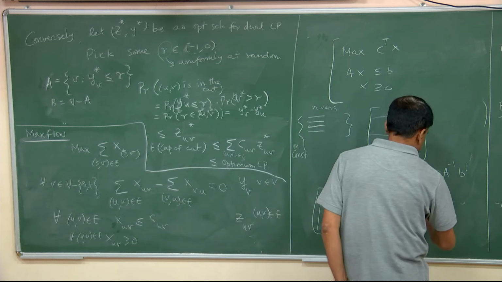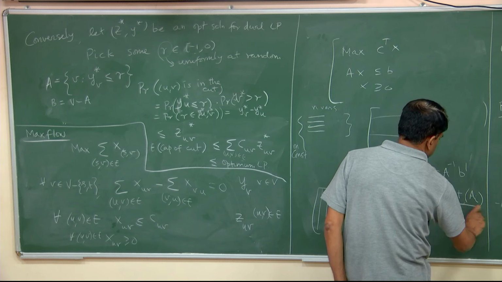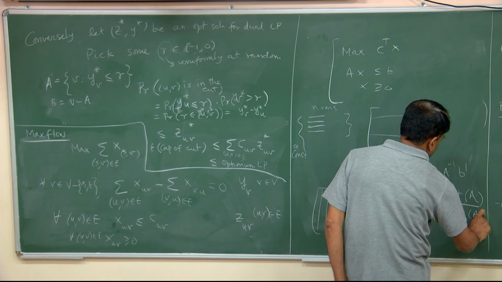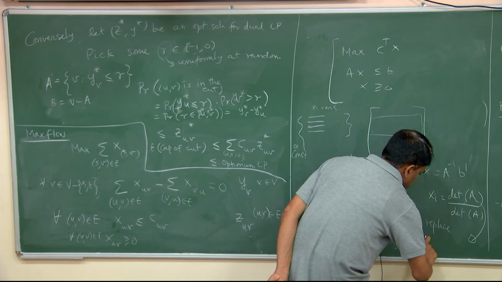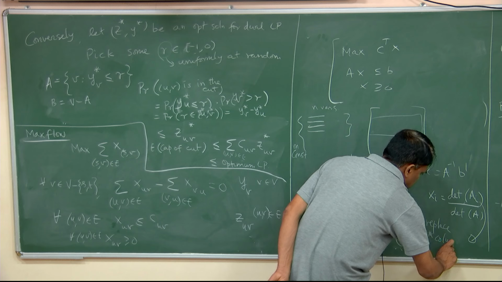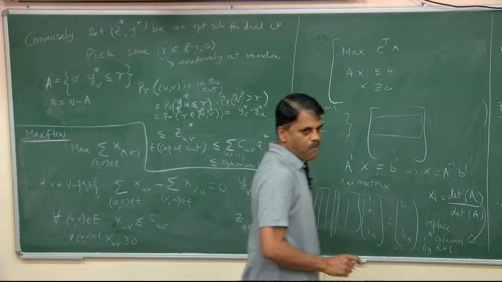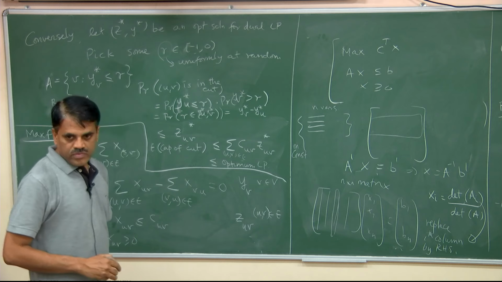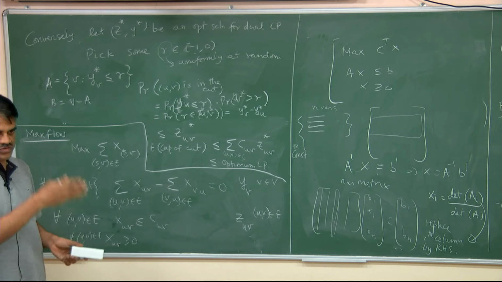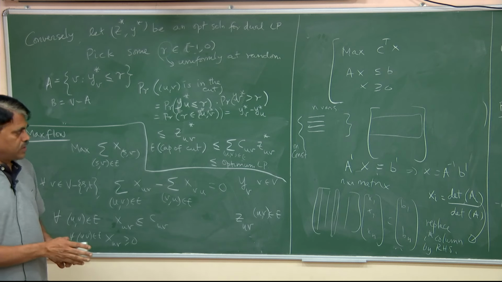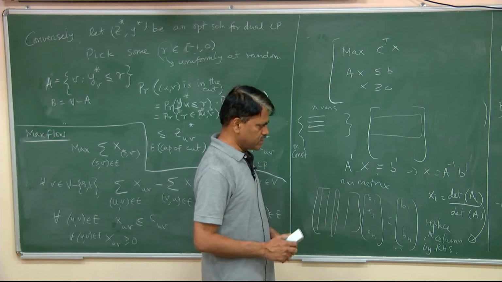So xi is the determinant of Ai divided by the determinant of A, where Ai is A with the ith column replaced by the right hand side, the b vector. This is Cramer's rule. Replace the first column by the b vector and take the determinant ratio to get x1, and likewise x2, x3, and so on for every xi.